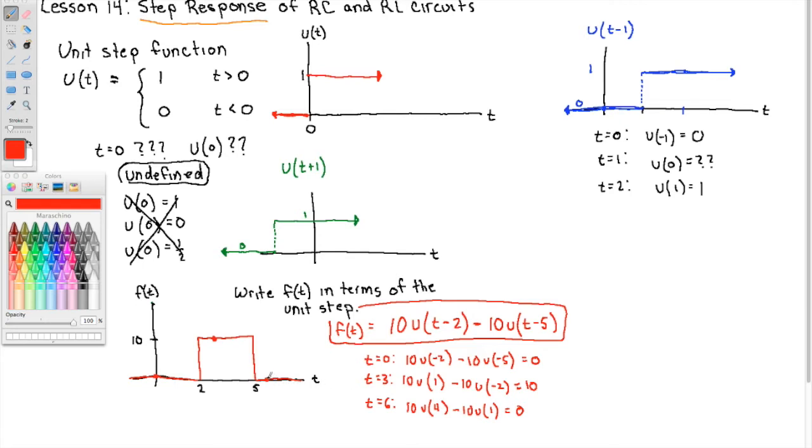That's right here, about. And in fact, any value of t that I plug in larger than 5 makes this argument positive and this argument positive. And so this unit step is 1 and this unit step is 1 and the function is 0. That's this whole piece there. So yes, this in the box is the correct representation of this square wave.